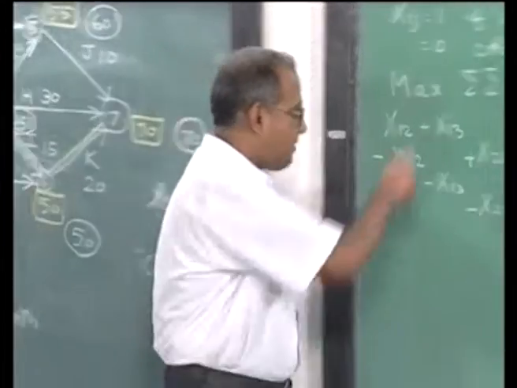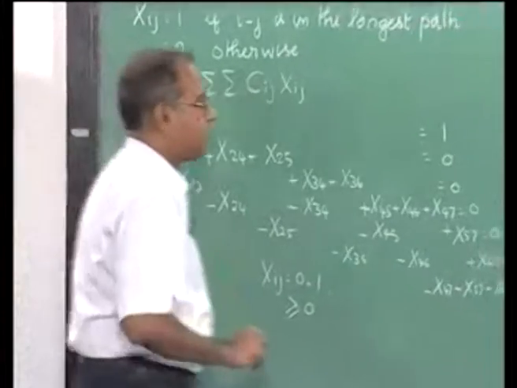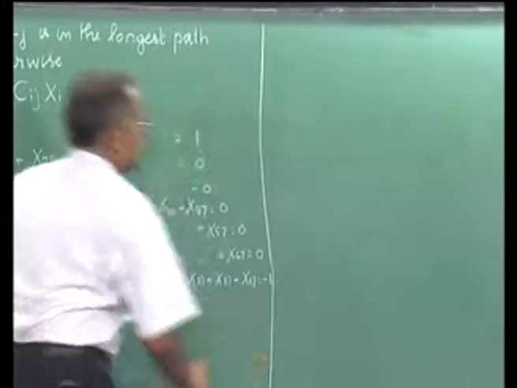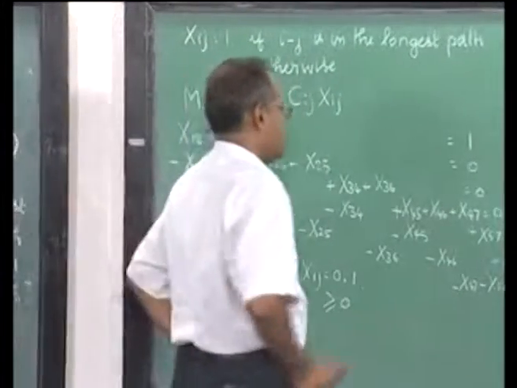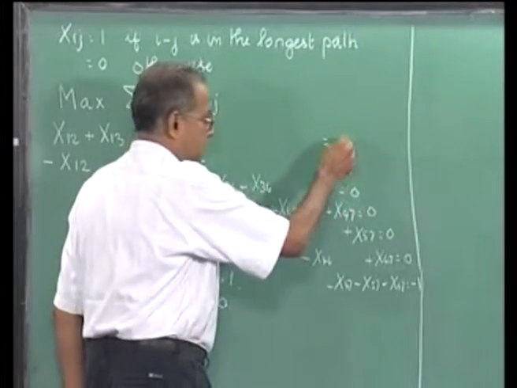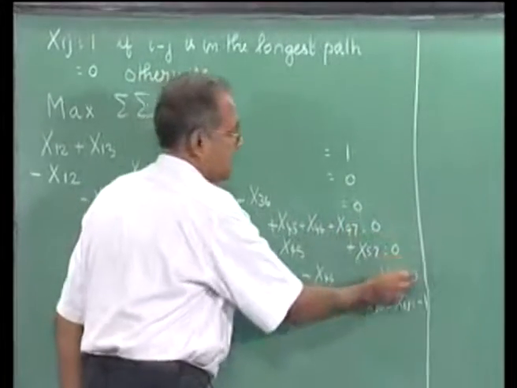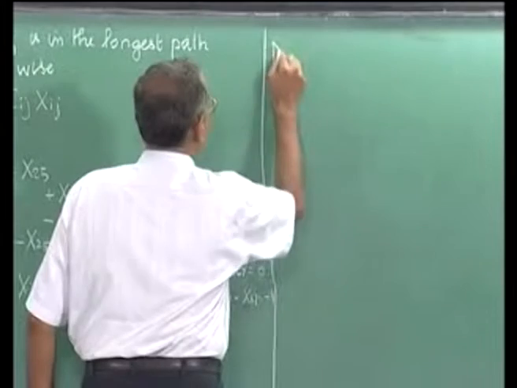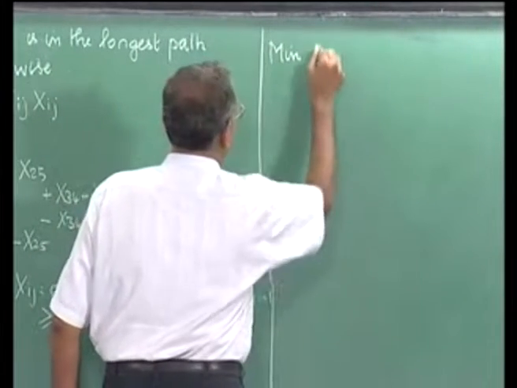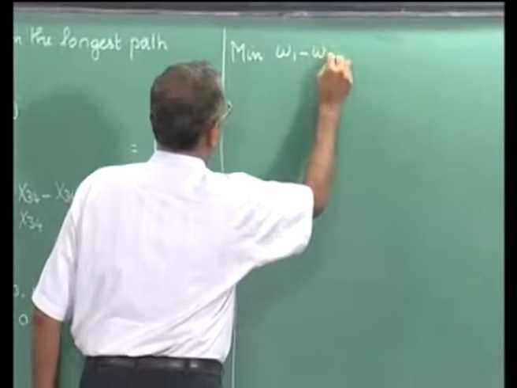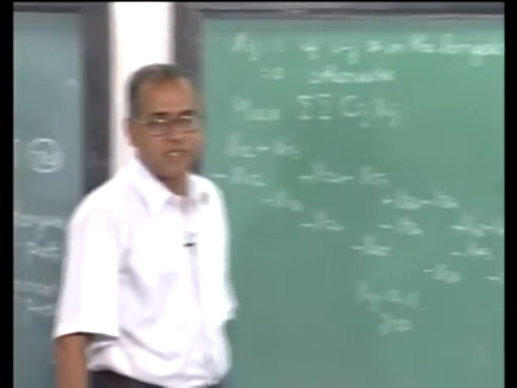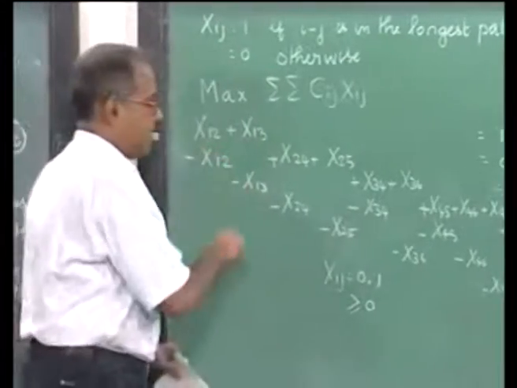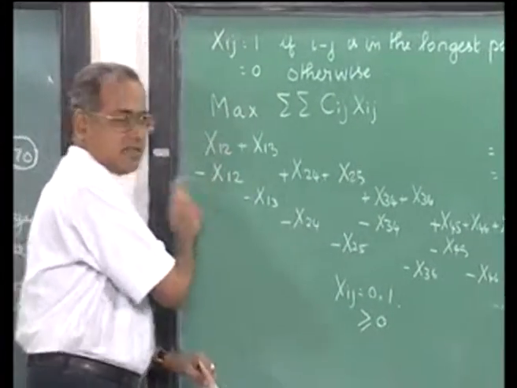Now, having understood that this is a linear programming problem, we will now go back and write the dual associated with this problem. So, we define dual variables W1, W2, W3, W4, W5, W6, W7. The primal is a maximization problem. So, the dual will be a minimization problem, minimize W1 minus W7 that we have here, subject to every ij will be in the ith and the jth constraint.